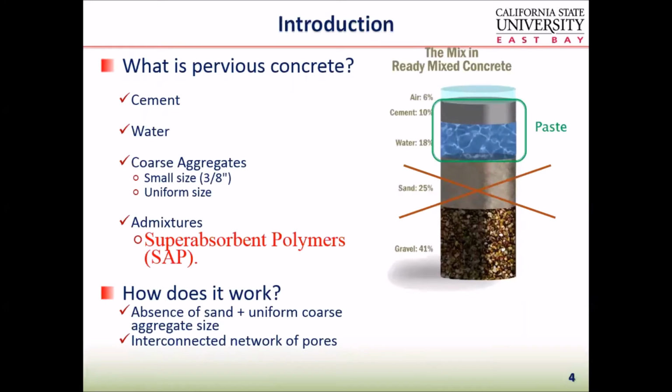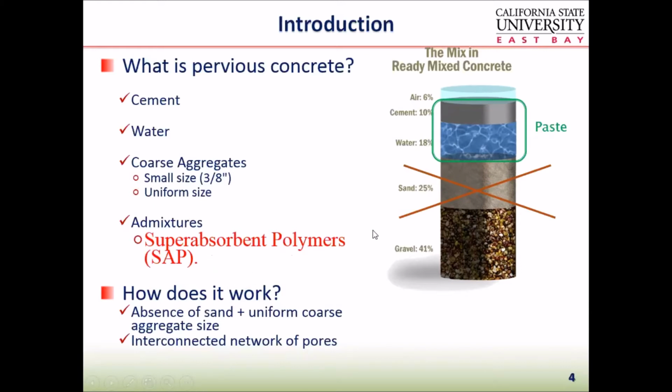What is pervious concrete? Pervious concrete is similar to conventional concrete with one big difference. It has almost no sand, or in many cases no sand at all. It uses small size coarse aggregates that are of a single size or as close to uniform as possible, and it uses admixtures, and in particular, in this project we're assessing the use of an admixture called superabsorbent polymer.